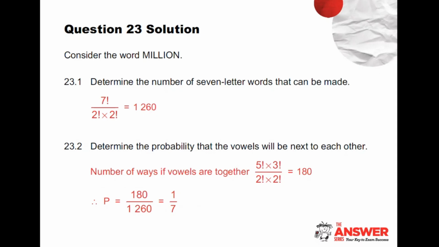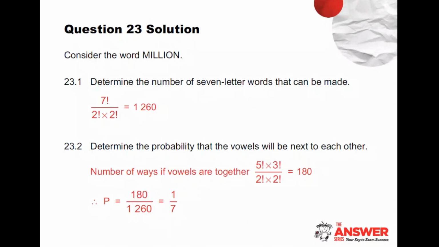The vowels, M, L, L, N. So I'm arranging 5 factorial things. The 3 vowels, that group of vowels, can be arranged in 3 factorial ways. But I got a curveball here because there are 2 I's still, which means I must divide by 2 factorial. There are 2 L's still, which means I must divide by 2 factorial.